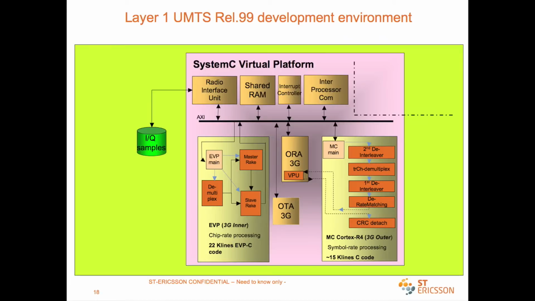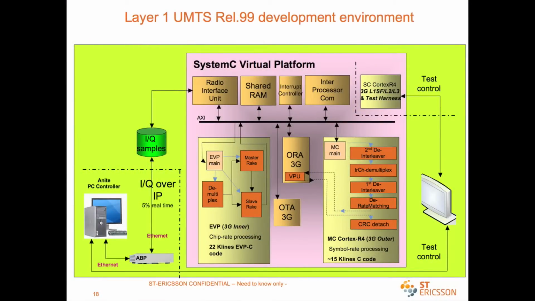You can see here the second de-interleaving, the transport channel demultiplexing, first de-interleaving, rate matching, and the CRC detach. All this processing chain is described in the 212 as mentioned before. The bits you have at the output of the CRC are what we call a transport block set, and these blocks are then returned to layer 2.